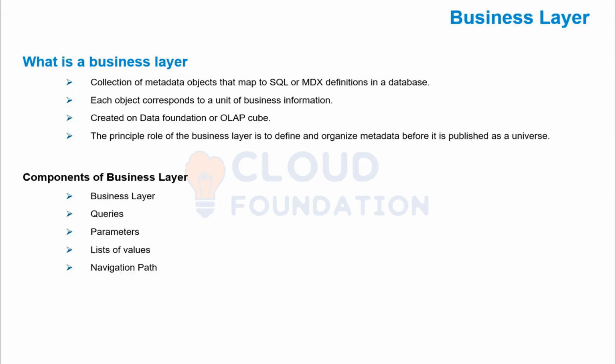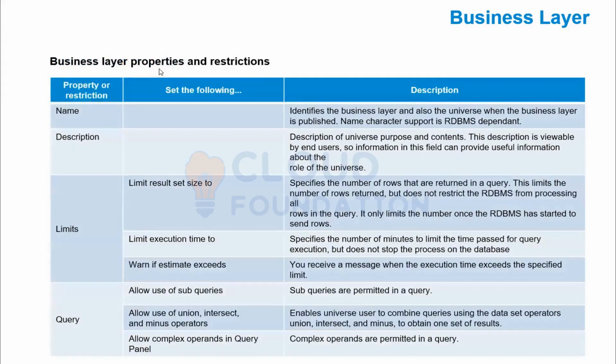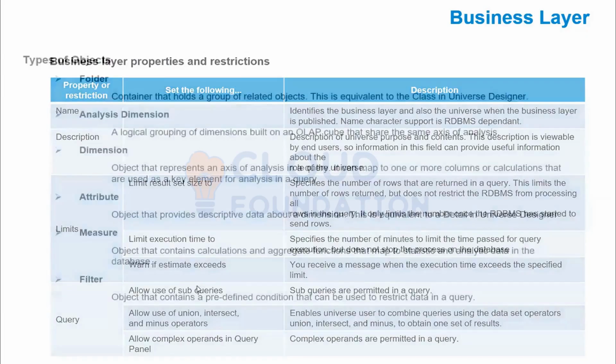That is one hierarchy. Those hierarchies we will create in the navigation path. List of values and parameters we already discussed. These are the business layer properties and descriptions, like how we can limit the execution time and the result set size. These things we can set here at the properties level.